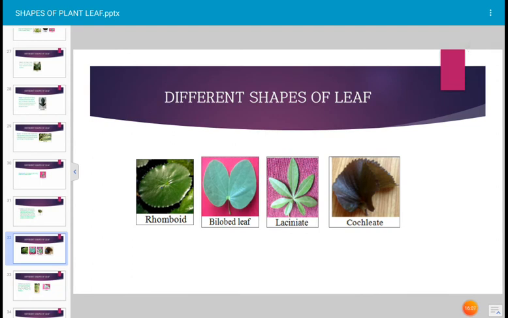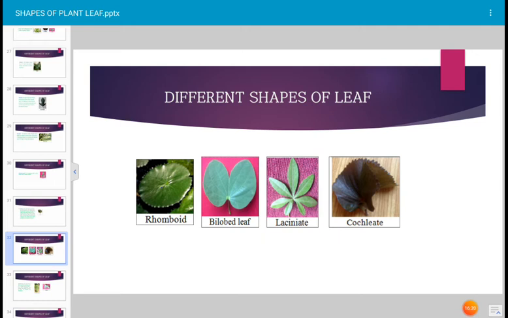These are again different shapes of leaf. First is rhomboid shaped. It is a round plate-like leaf. Second photograph, bilobed leaf. There are 2 distinct lobes in the leaf. Such a leaf is described as bilobed. Number 3, lacinate shape of leaf.